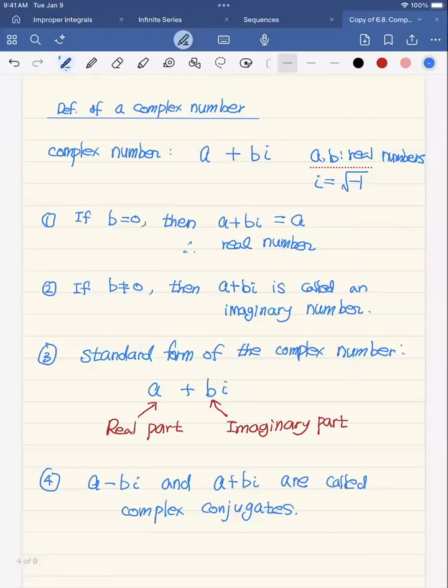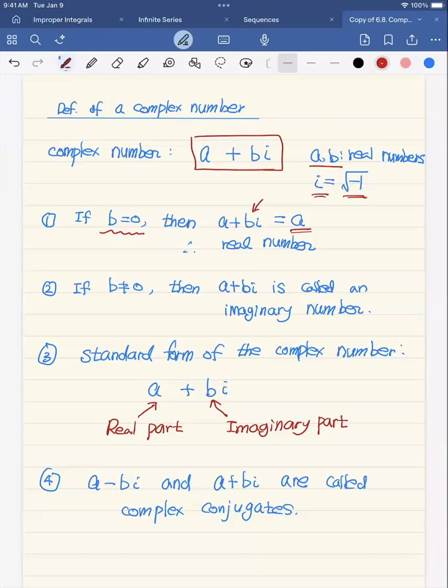At the beginning of this lecture, I talked about the imaginary number. Let's extend our notion and invent the complex number. A complex number is written as a plus bi, where a and b are real numbers and i is square root of minus 1. When we write like this, if b equals 0, then the second term will vanish, so that will be just a.